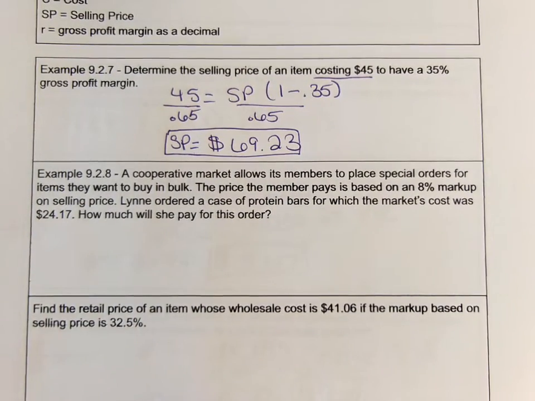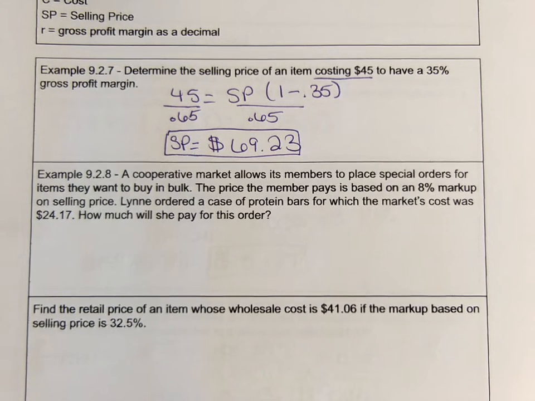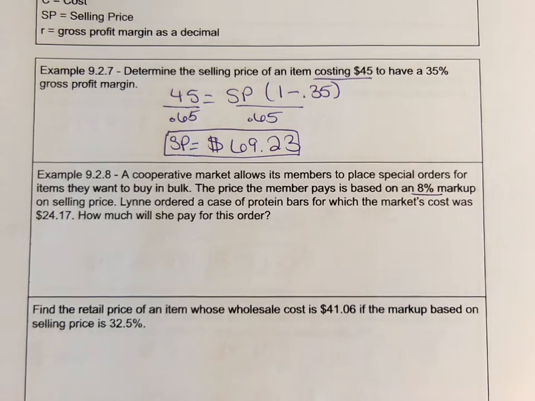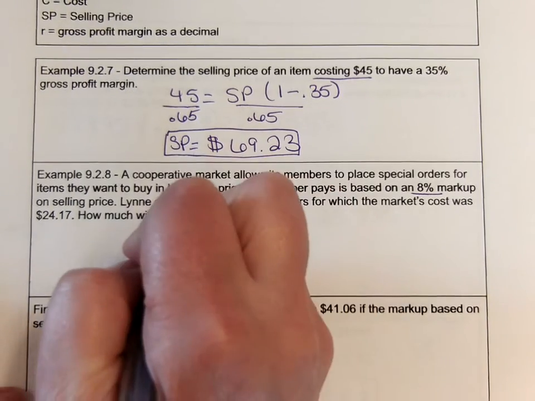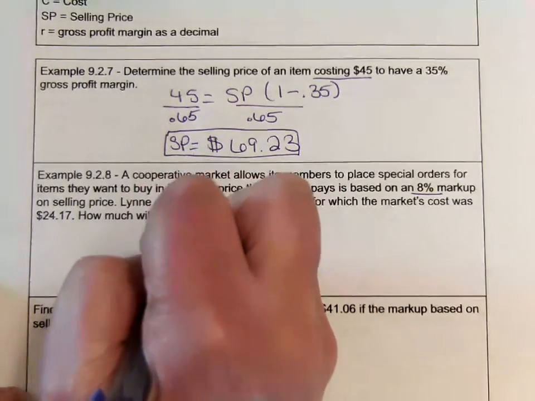A cooperative market allows its members to place special orders for items they want to buy in bulk. The price the member pays is based on an 8% markup on selling price. Lynn orders a case of protein bars for which the market's cost was $24.17. How much will she pay for this order? All right, so the original cost is $24.17.